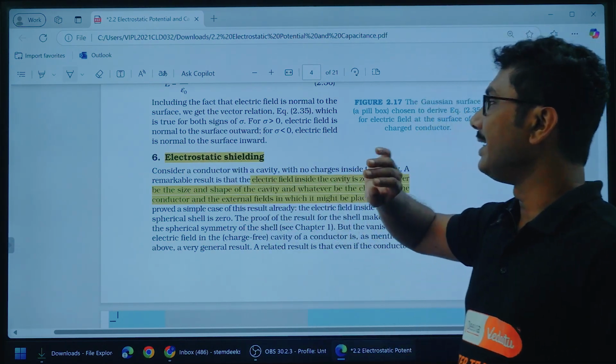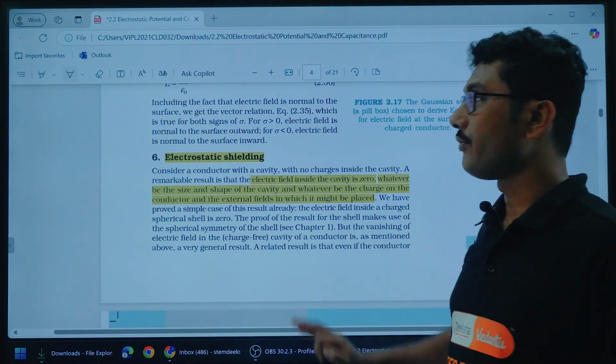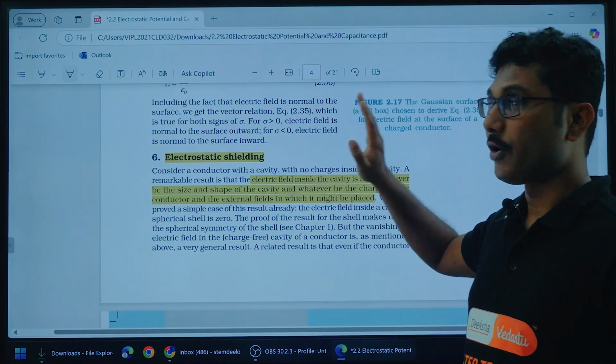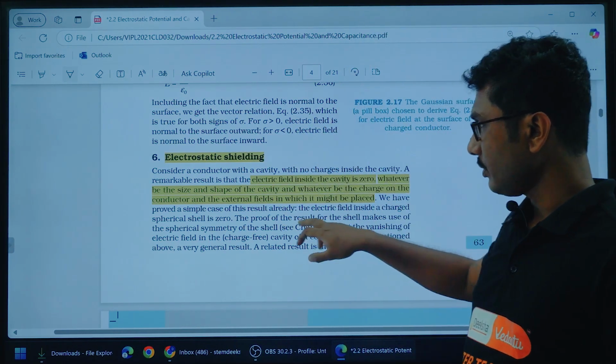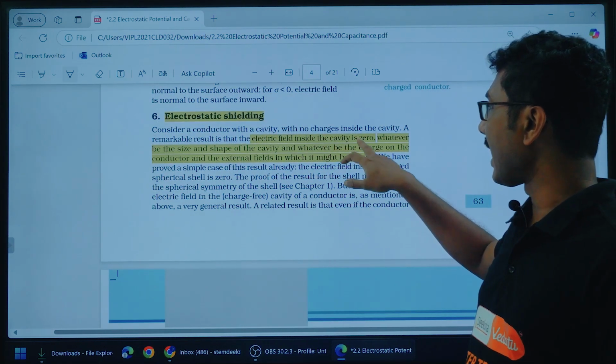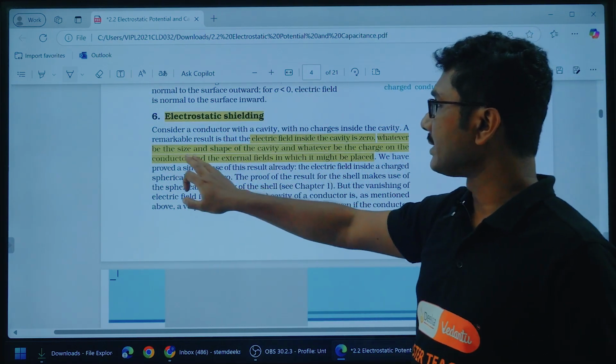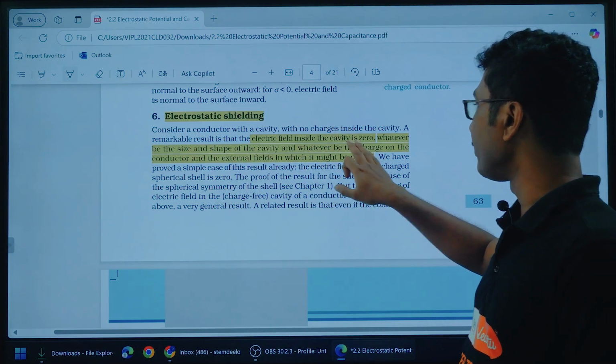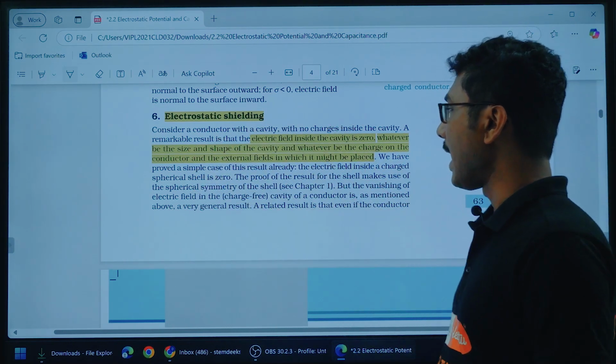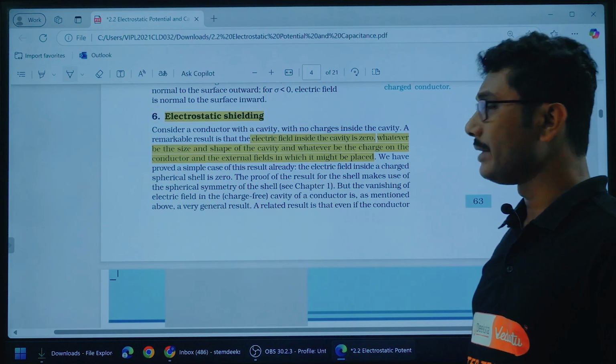Now the next part is electrostatic shielding. This is an application of whatever you have learned so far up to points 1, 2, 3, 4, 5. The electric field inside the cavity of a conductor is 0, whatever be the size and shape of the cavity, whatever be the charge on the conductor, and the external fields in which it might be placed.